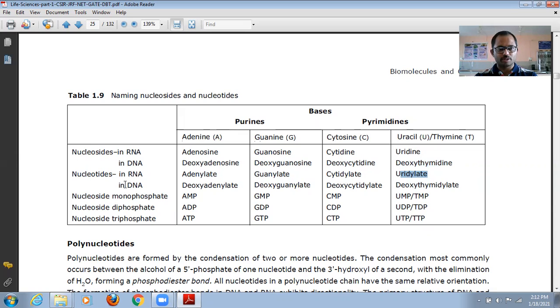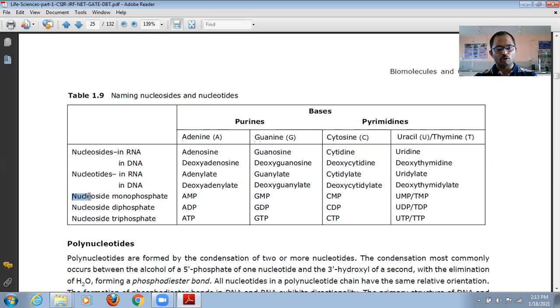And in case of the DNA, the nucleotides are deoxyadenylate and deoxyguanylate, the two purines, and deoxycytidylate and deoxythymidylate, the two pyrimidines in case of the DNA.